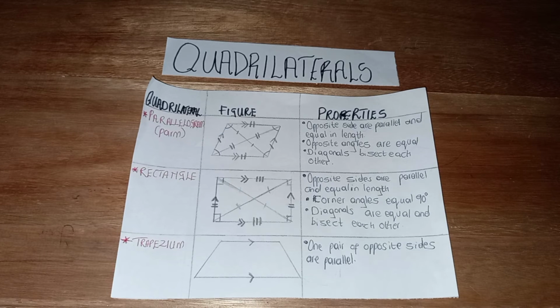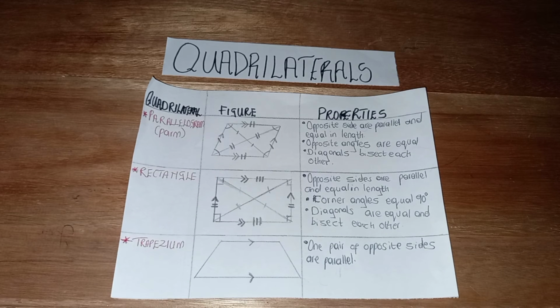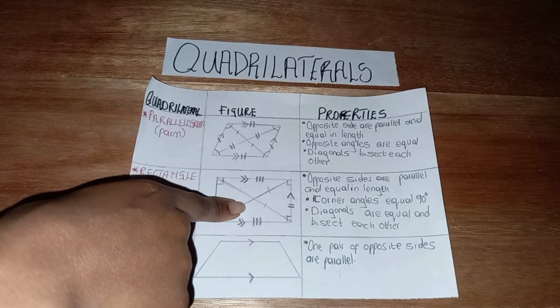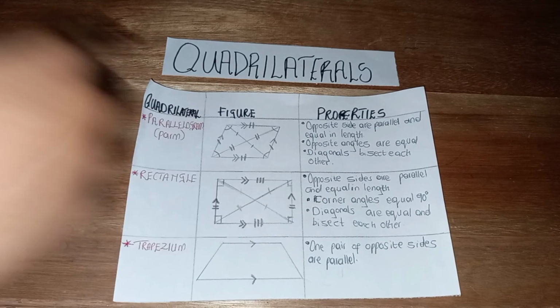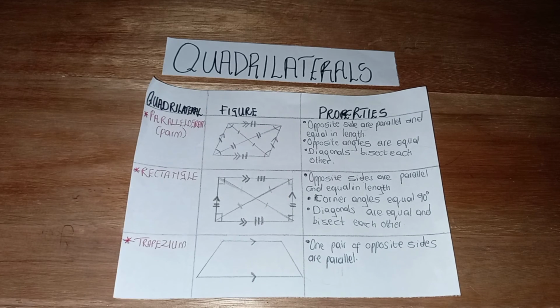The last but not least point says diagonals are equal and bisect each other. It means that the two diagonals inside the rectangle are equal and they also cut each other into half, meaning that if here is 5 centimeters, here will also be 5 centimeters, and here will also be 5 centimeters. The same applies to the last piece of the diagonal. Why? Because all these diagonals are equal.